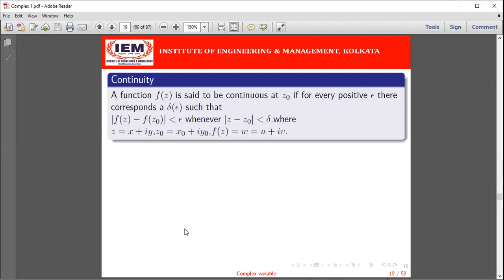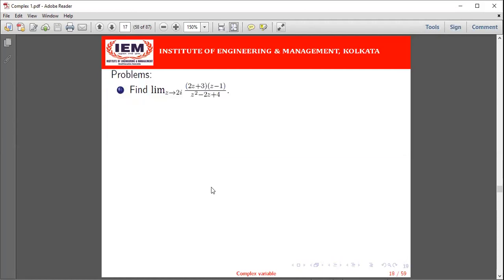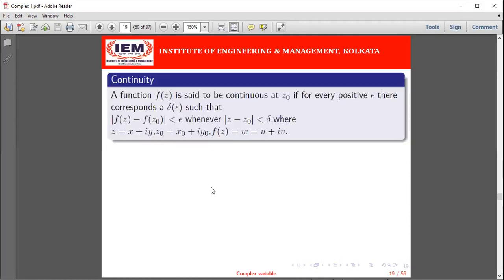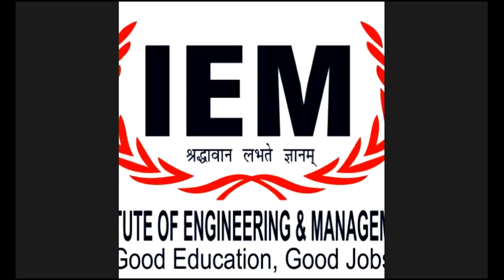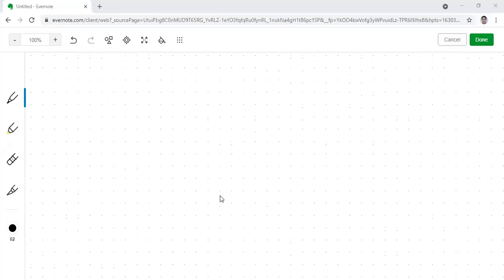Then continuity. So the definition of continuity is the same. So what is continuity?